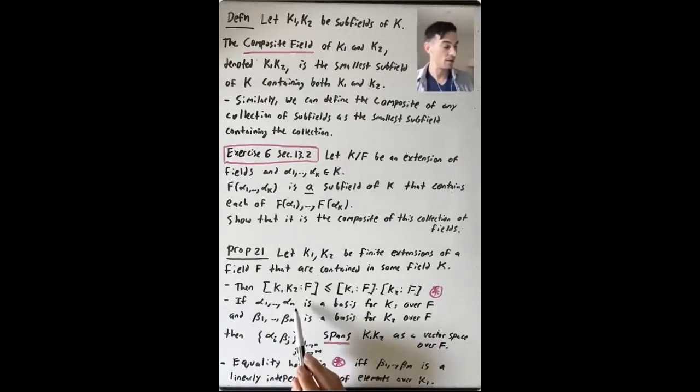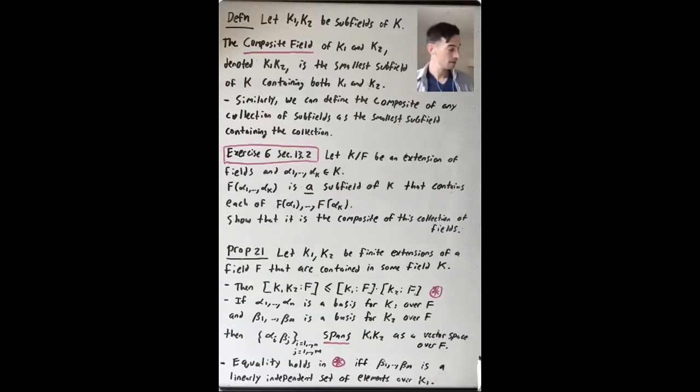And okay, alpha 1 up through alpha n, these are a basis. Beta 1 up through beta m, these are a basis. I am not claiming that this set of n times m elements is a basis for K1K2 as a vector space over F, but it does span K1K2 as a vector space over F. That is, every element of K1K2 can be written as a linear combination of this special set of n times m elements where the coefficients are in F. Okay, so we're going to prove that.